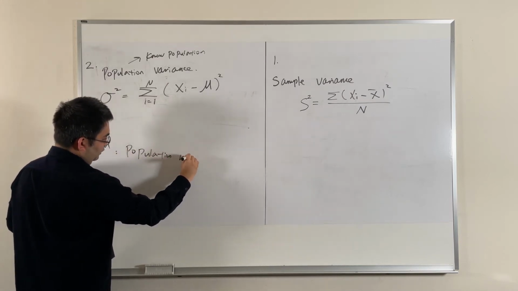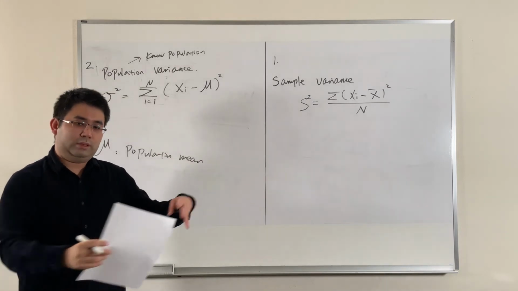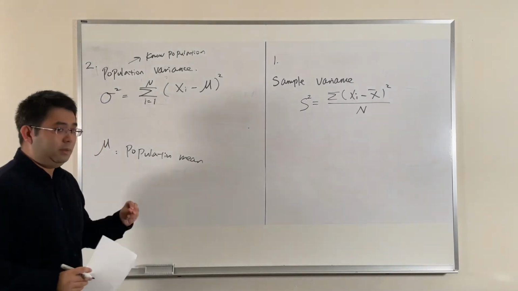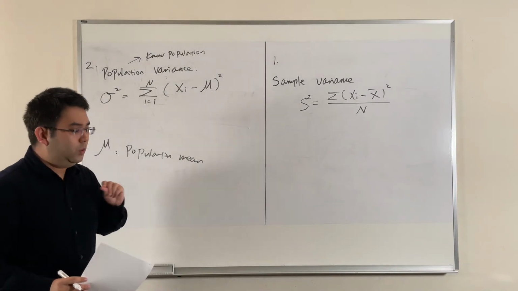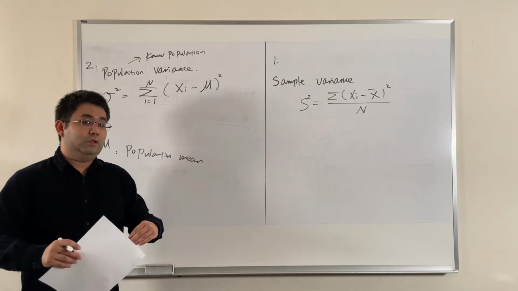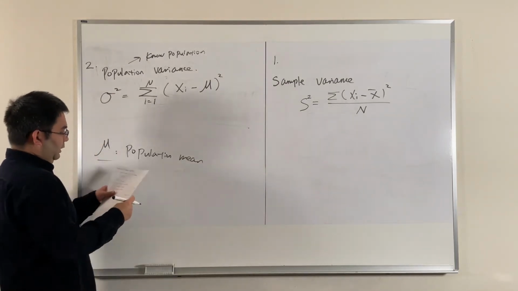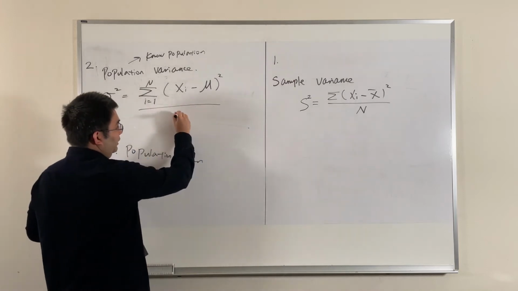Okay, so sample mean is we get the whole sample, and then we take the average of the sample, whereas population mean is you already know the whole population, and then you find the mean of the population, so you know everything. And then we divide by n here.